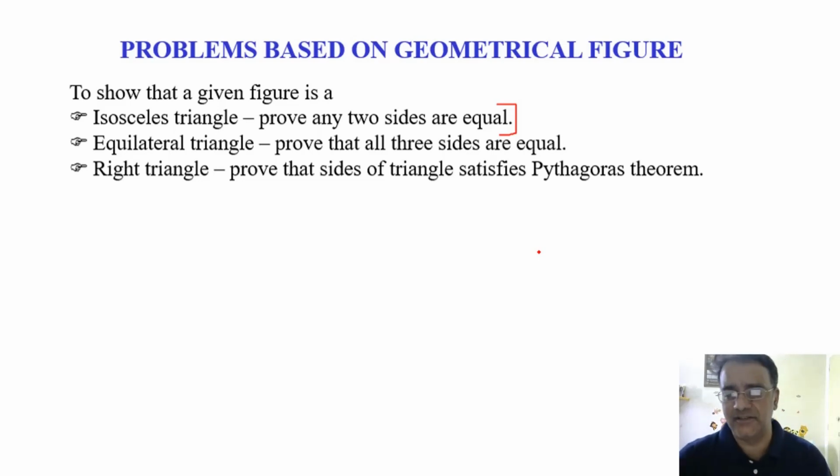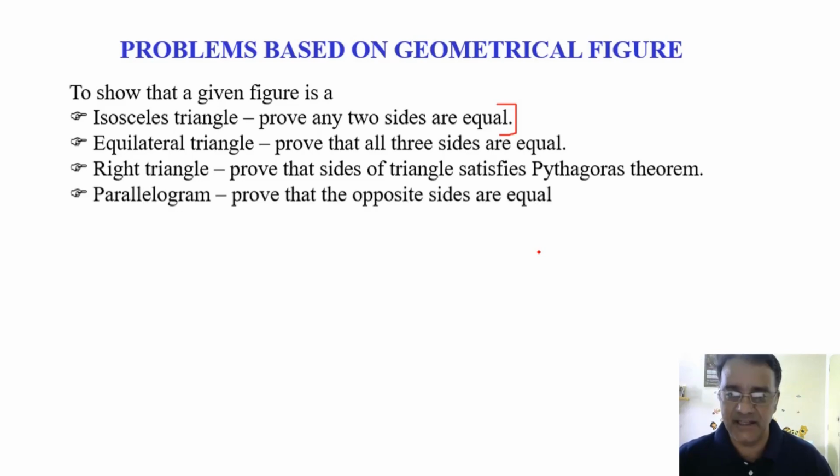Now quadrilateral. How will you show that a quadrilateral is a parallelogram? If two pairs of sides are parallel, but you can't prove parallel here, so you have to prove that opposite sides are equal. Now if you want to prove this parallelogram is a rectangle, how will you show?